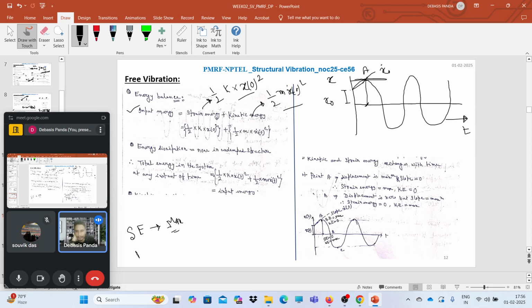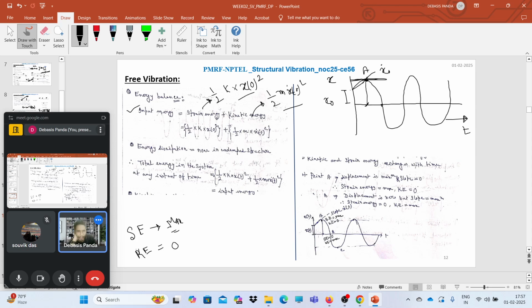So the kinetic energy, half into m into velocity square, is 0. At point A, the strain energy is maximum because the amplitude is maximum, but the slope, that means the velocity, is 0, so kinetic energy is 0.